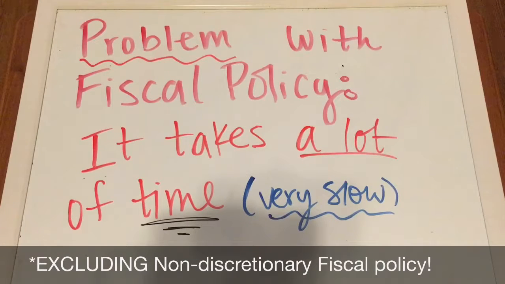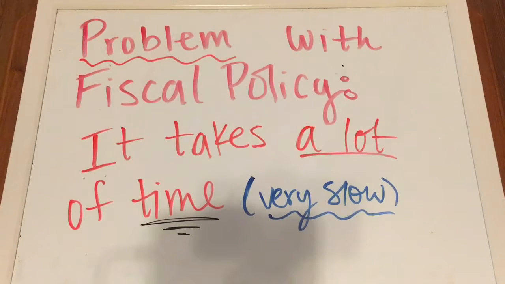Okay, so now we're going to be talking about the main problem with fiscal policy. The main problem with it is that it takes a lot of time, and by a lot, I mean a lot. That's why I reiterated this statement by putting very slow in parentheses. The reason for this is because the government has to recognize that their economy is either in recession or in inflation.